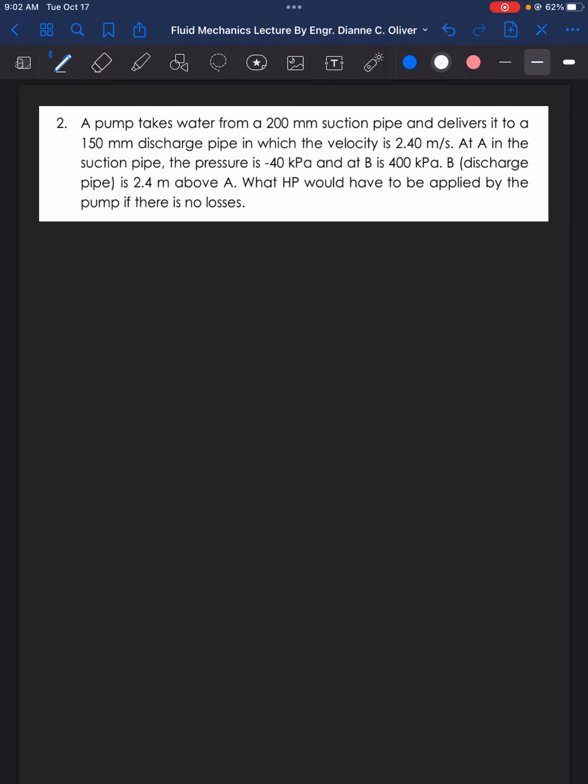So the drawing is not given, but we need to understand from the description in the problem that point B is 2.4 meters above A. So B is at the top, and given also the diameters, 200 mm for the suction pipe, which is at A, and then 150 for B. So we're using a pump.